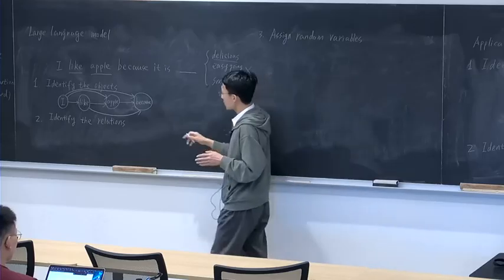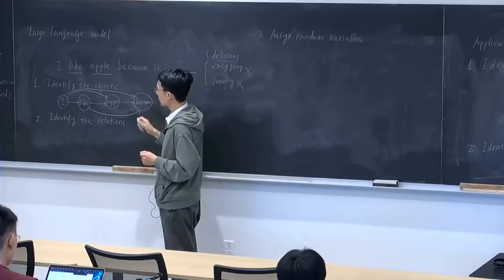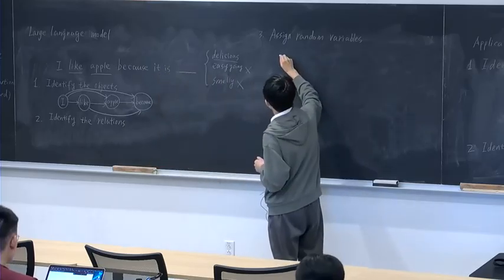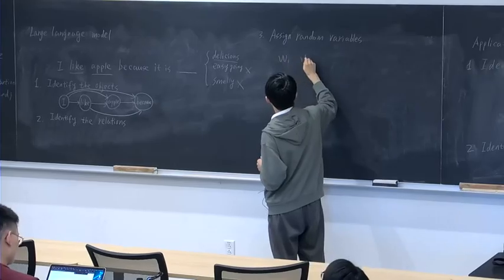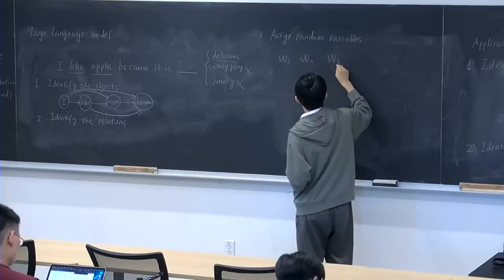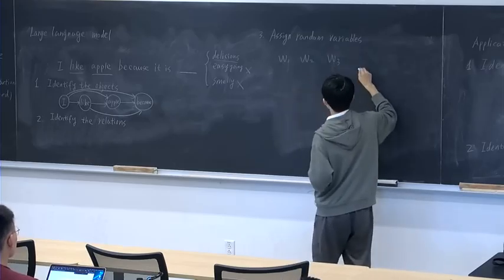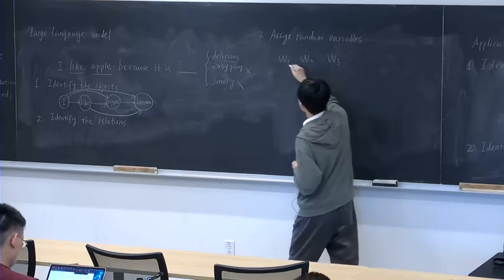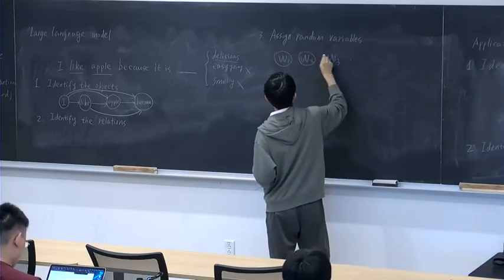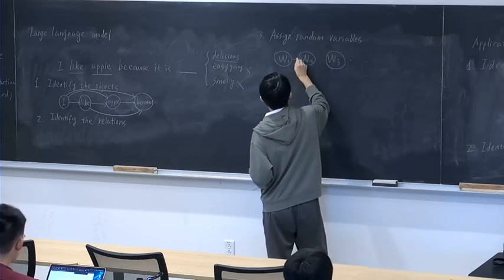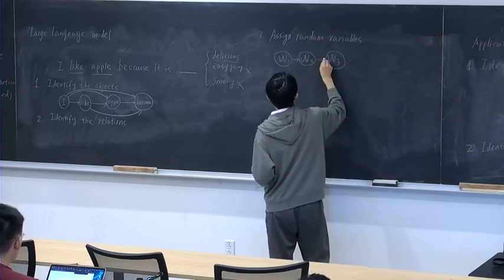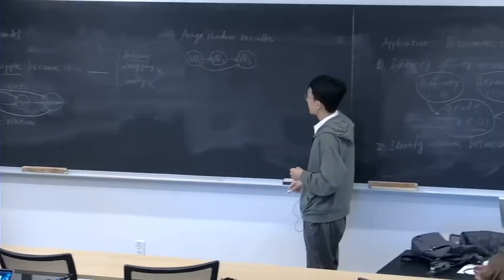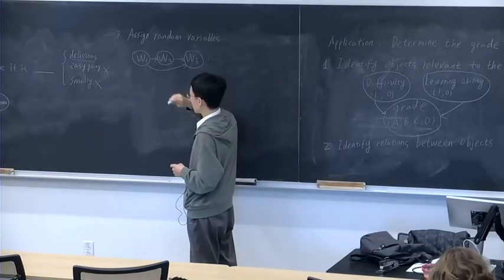For each node here, representing a word, we are going to assign a random variable. Let's use W1, W2, W3 to denote these random variables for word 1, word 2, word 3, etc. And their connections remain the same. So from W1 to W2, from W1 and W2 to W3, etc.